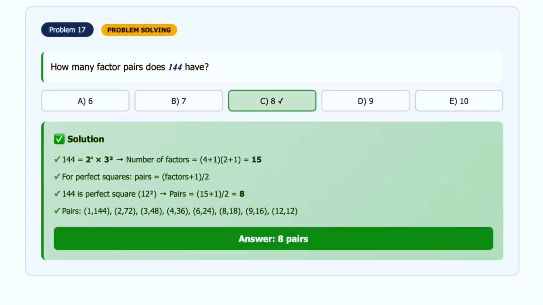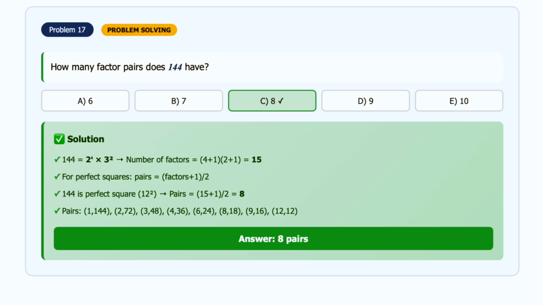Problem 17. How many factor pairs does 144 have? Prime factorize. 144 equals 2 to the fourth times 3 squared. Number of factors is 4 plus 1 times 2 plus 1, which is 15. For perfect squares, the number of factor pairs is factors plus 1 divided by 2.